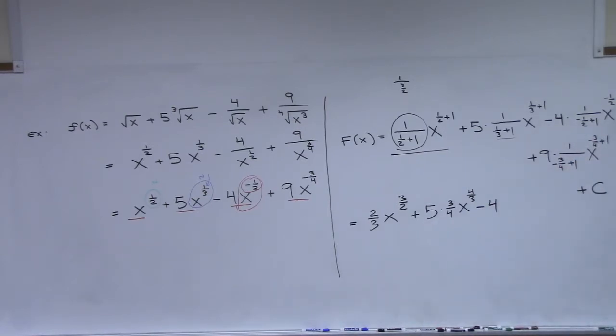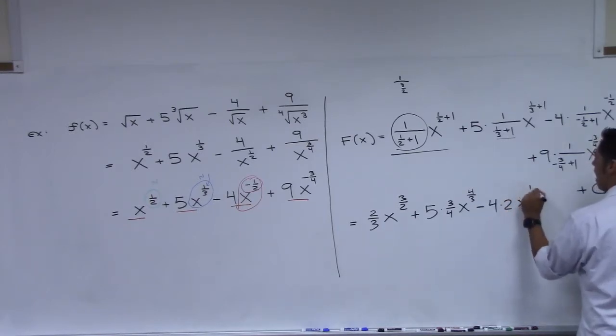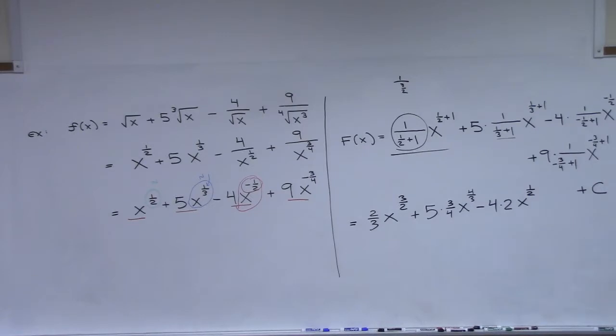I could just do this first, right? Which is -1/2 plus 1 is 1/2. So out front is 1/2 flipped over. So 2. So 4 times 2, and then x to the 1/2. -3/4 plus 1? No, this would still be positive 2, right?